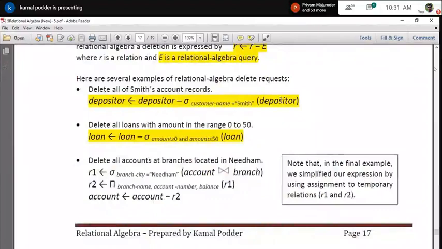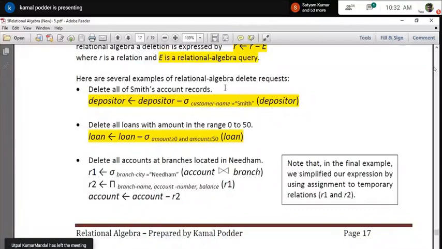Depositor is my relation. I want to delete the depositor whose name is Smith. Then what I'll do is first select that particular record by using the select operator: select customer name is equal to Smith on depositor.